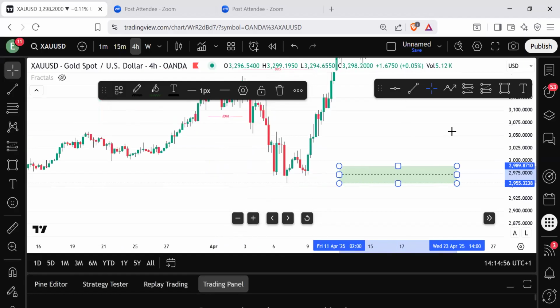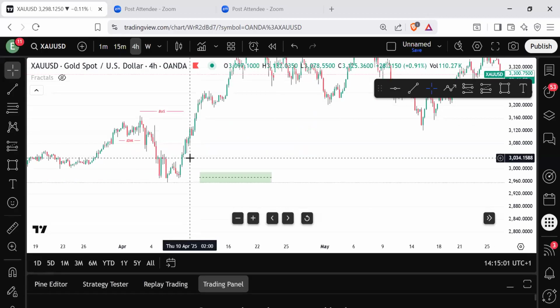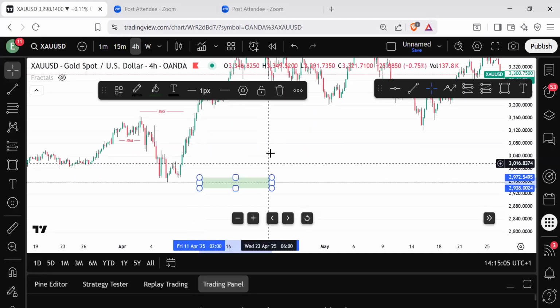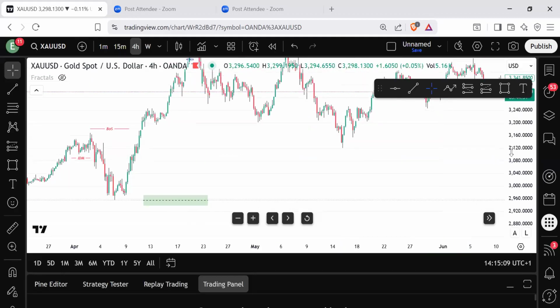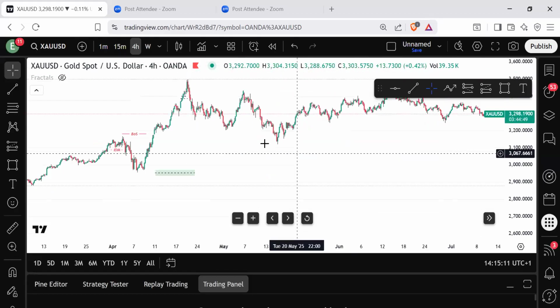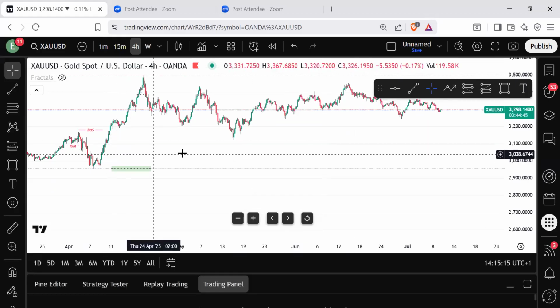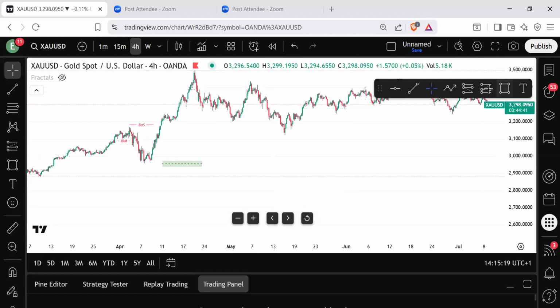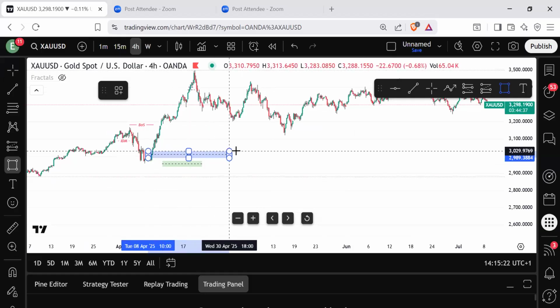Even if you go to the extreme, you see that price visits this point from here down. But you can see all of this place price has not revisited. So that gap is still valid.